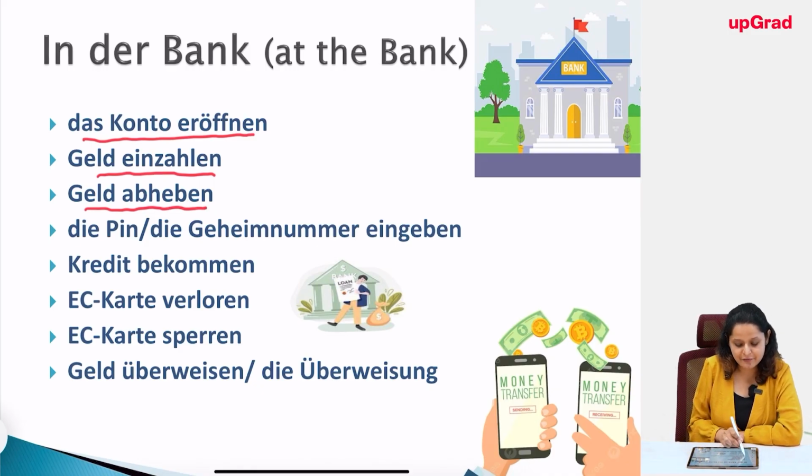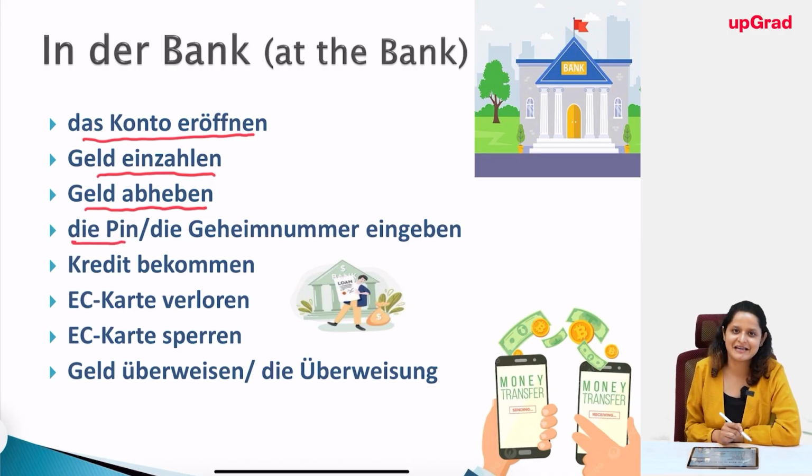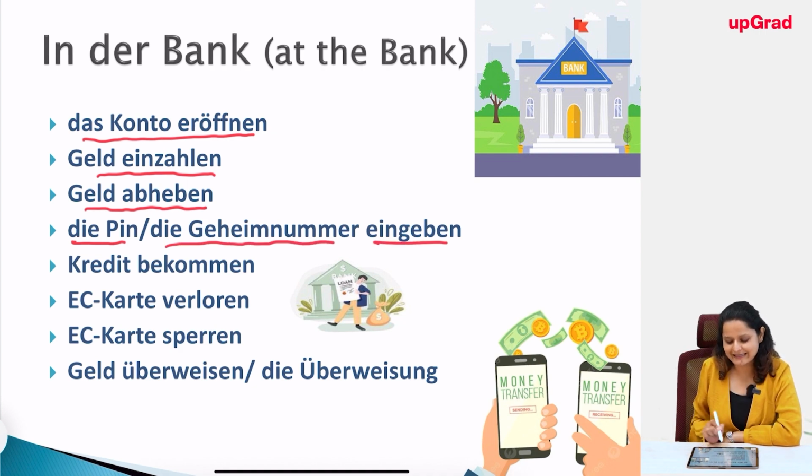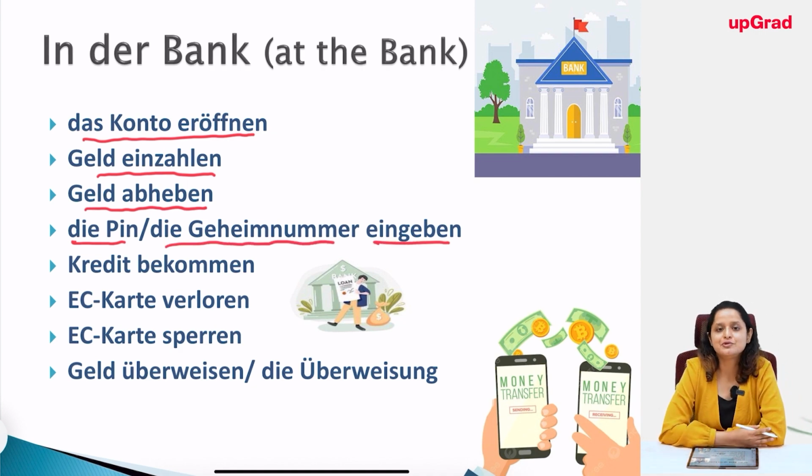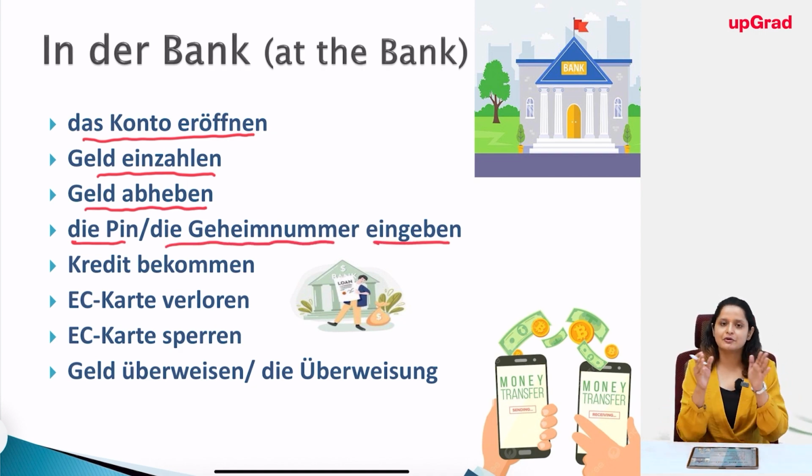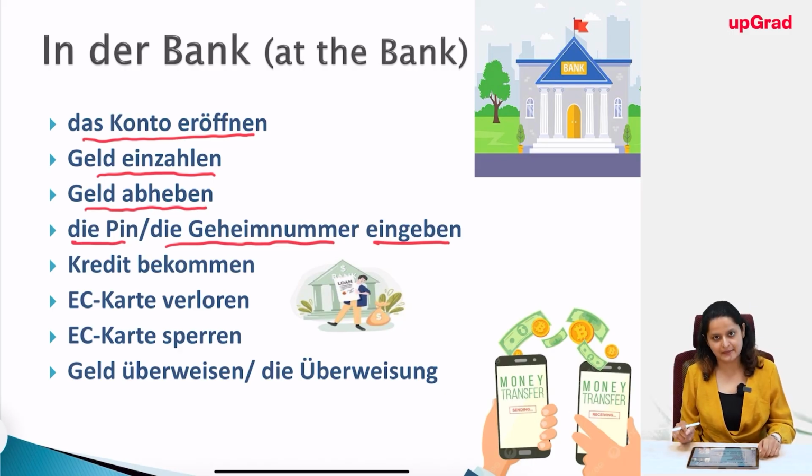Next, we have the word the PIN. Like I told you, you don't always have to use the word Geheimnummer. You can use the word PIN or the Geheimnummer eingeben. Eingeben is to punch in a number. So when you're operating an ATM screen, it might ask you PIN eingeben, which means they are asking you to punch your PIN in there.